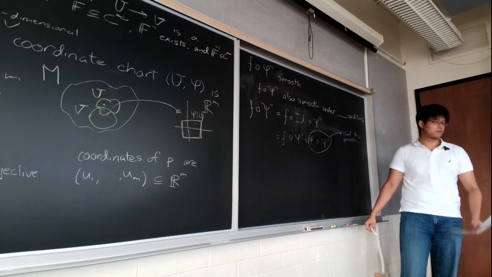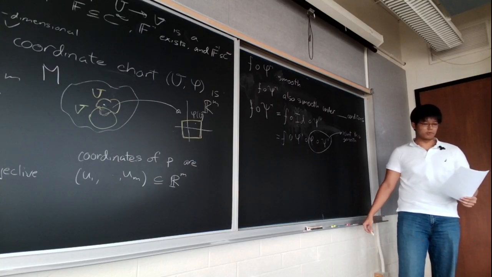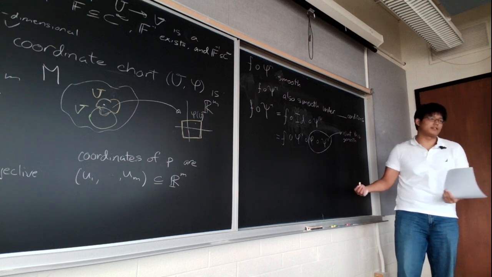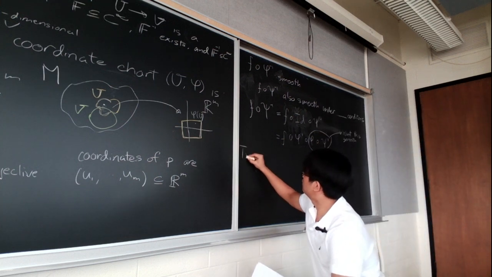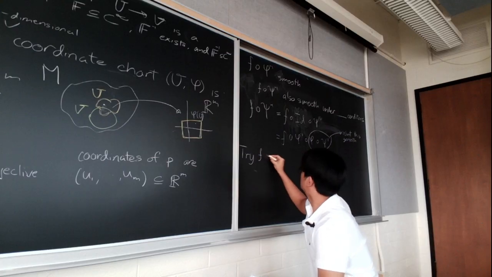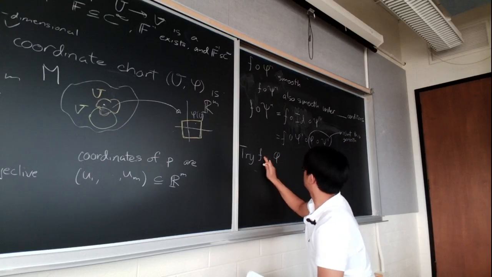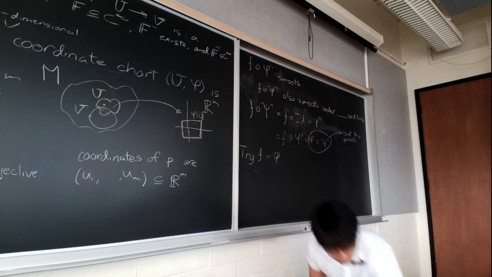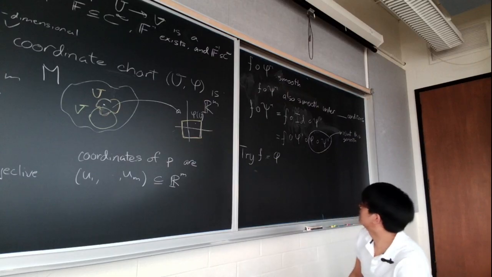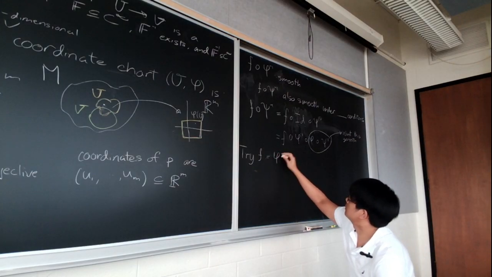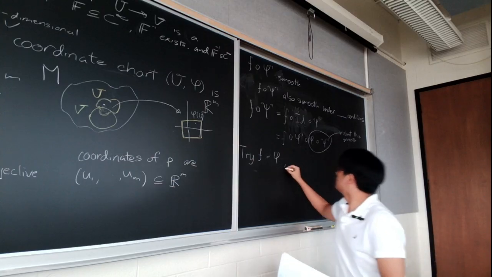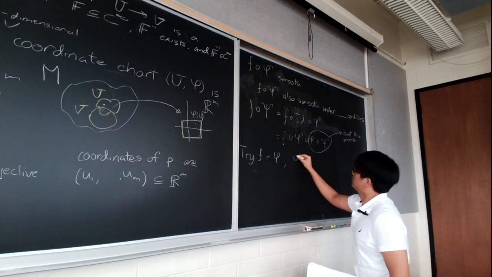How do you do this? We try a specific example. Try f equal to phi. Phi is correct. Try this, which means that we just plug in.